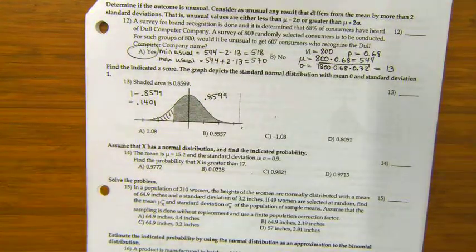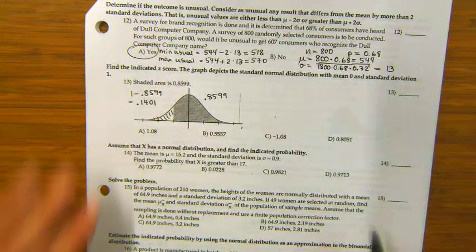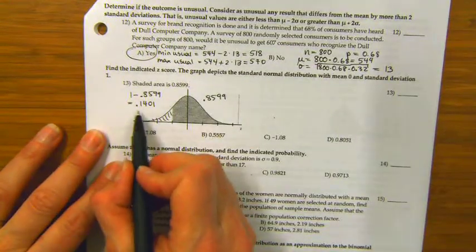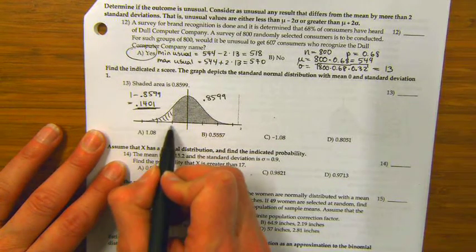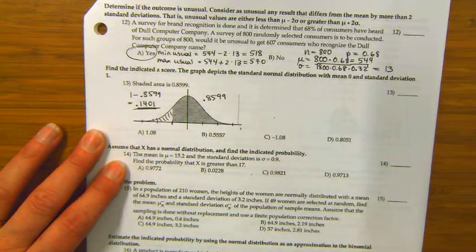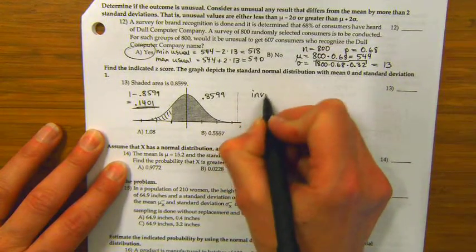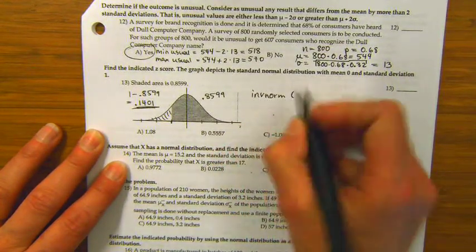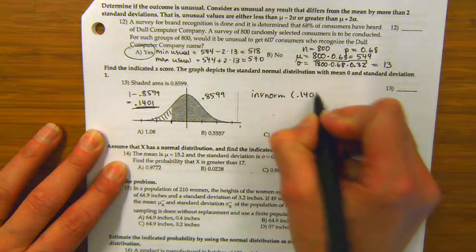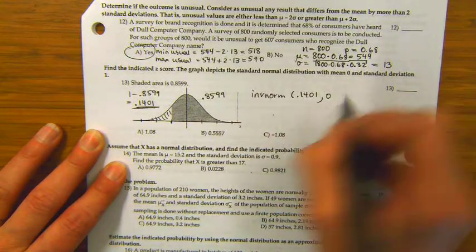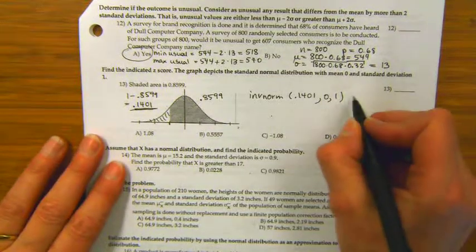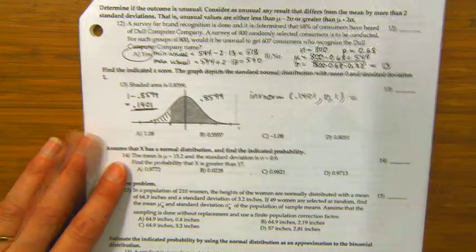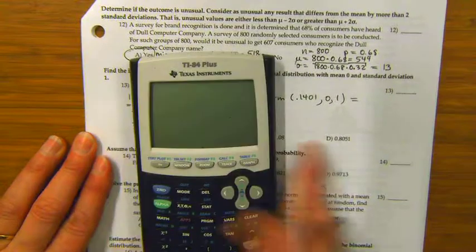Now we can either use the table, look at the center of our table and find the value that's associated, or we can use what? So this time we have area given, we're trying to find values down here. We use the inverse norm when we have area given. Inverse norm, area to the left, standard deviation, mean is 0 and the standard deviation is 1. Okay, so inverse norm.